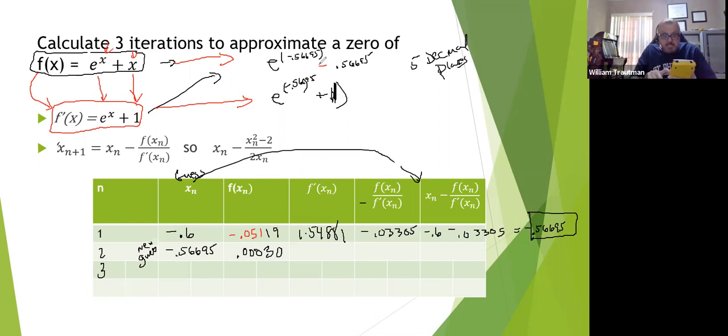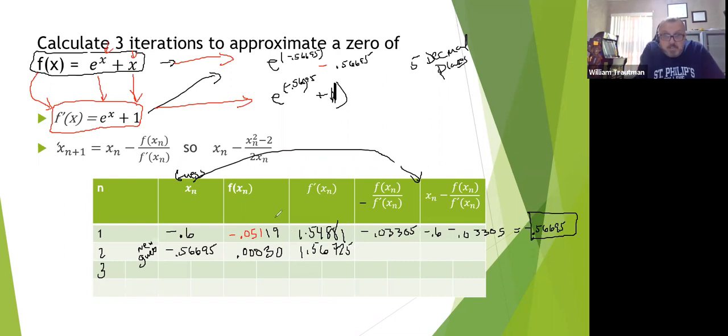So I'm going to do the same thing for the derivative, second EE, negative 0.56695, plus 1, and I get 1.56725. I'm just checking this to make sure I get the same numbers.